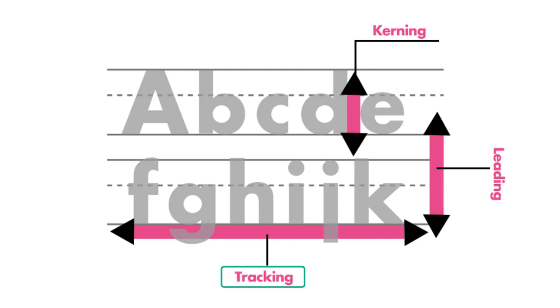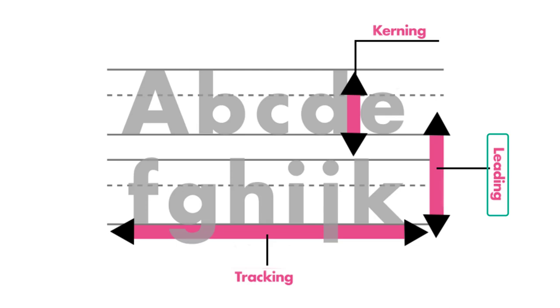Let's say we have the F, G, H, I, J, K selected. Because they are more than two, it's the tracking, the spacing between them. But for the kerning, it's just the spacing between the D and the E.